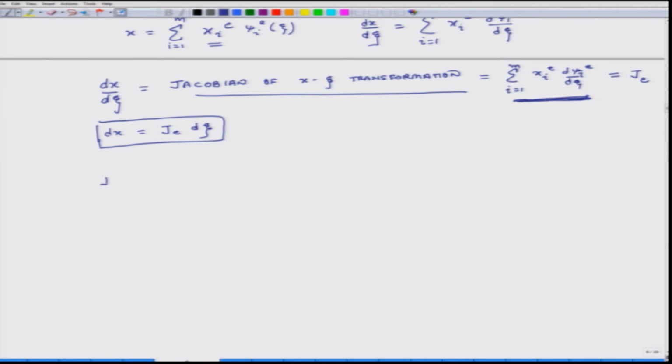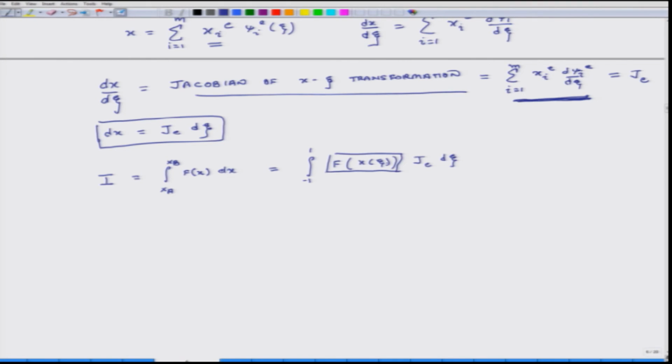So, the integral from xa to xb of f of x dx is the same as the integral from minus 1 to 1 of f of x, which is a function of zeta, times dx, and dx is je times d zeta. Okay.